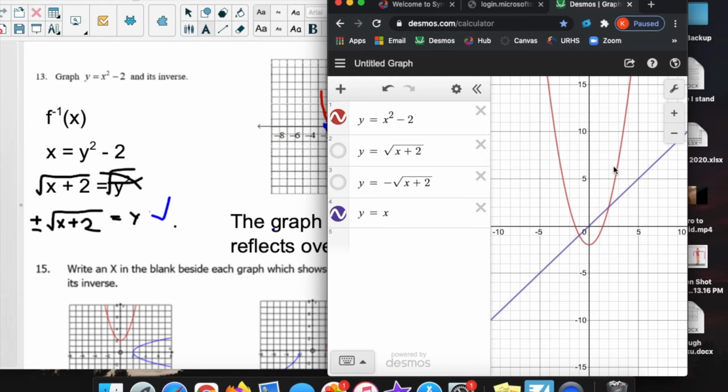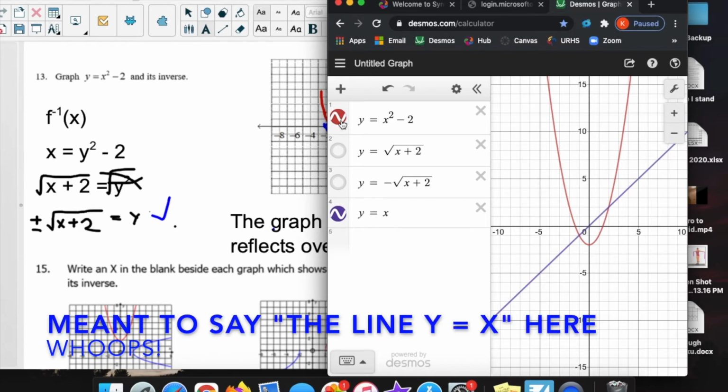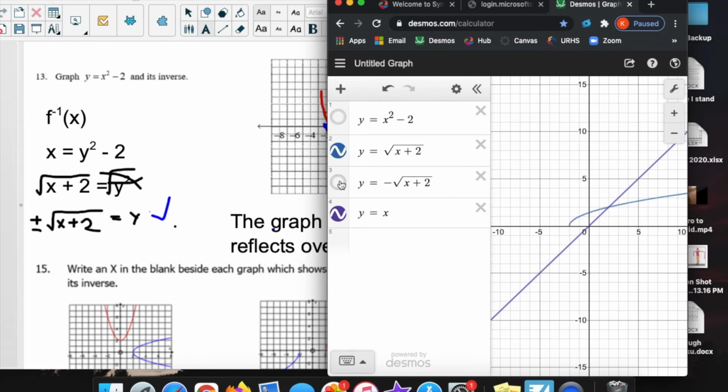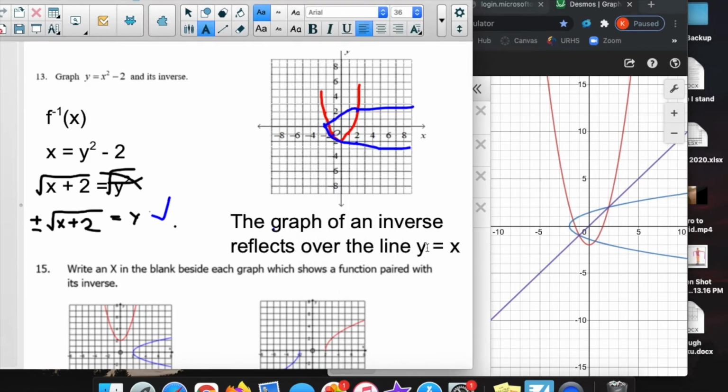It comes down and goes up the other side. If we were to reflect this red line across y equals x, like a mirror image on the other side, look what happens when I bring in the square root graph. It's that exact mirror image. That's how we know that something is the graph of an inverse: it reflects over the line y equals x.